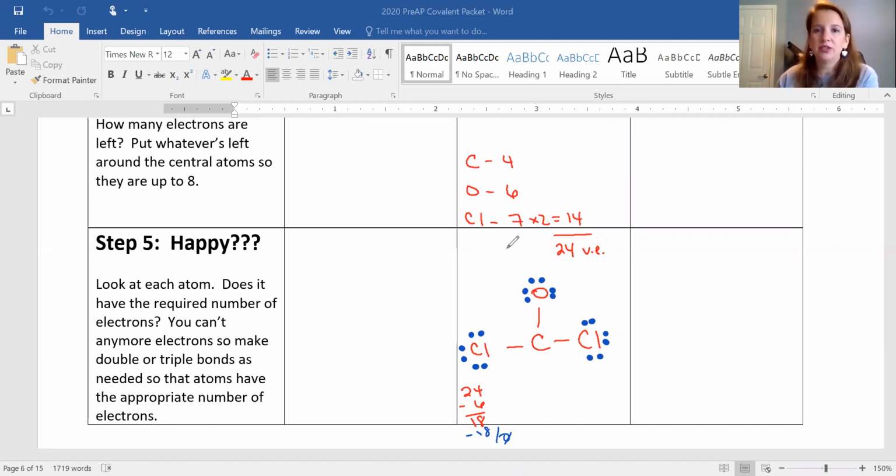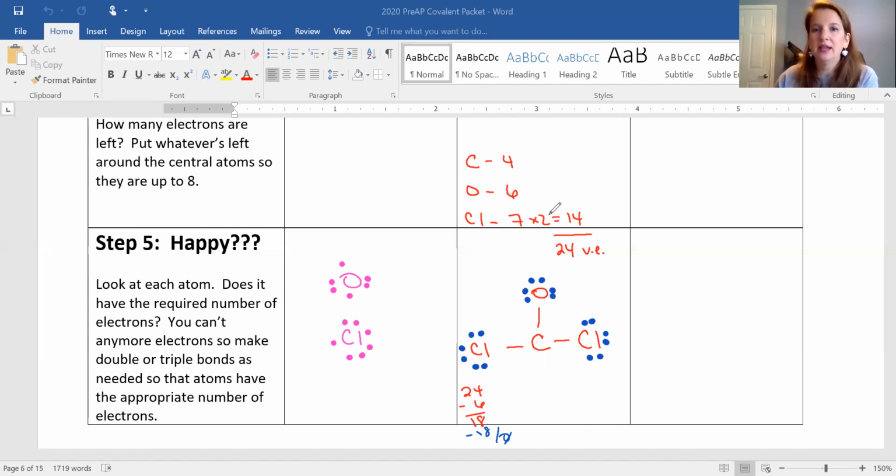So really quick, I'm just going to show you why we're going to use the oxygen. If you remember when we were drawing our Lewis structures during the electron unit, oxygen has 6 electrons. So it looked like this, something like that. Chlorine had 7. And it looked like this.